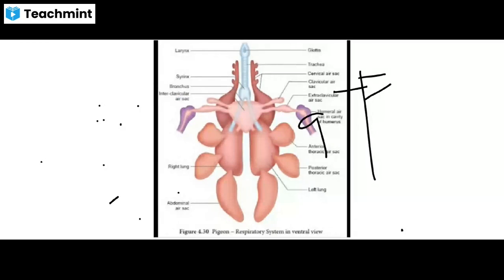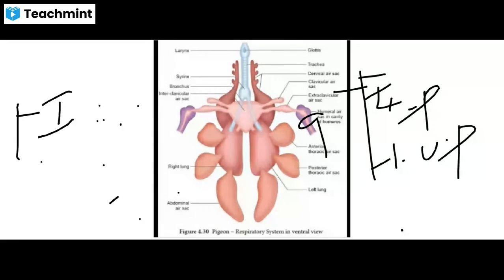Of the 9 air sacs, 4 are paired and 1 is unpaired. The intraclavicular air sac is unpaired. Somewhat it is a triangular air sac.